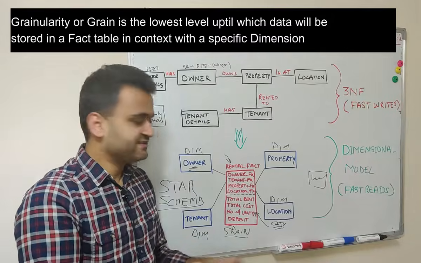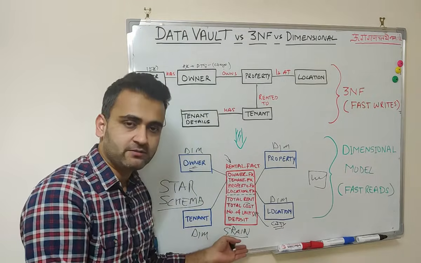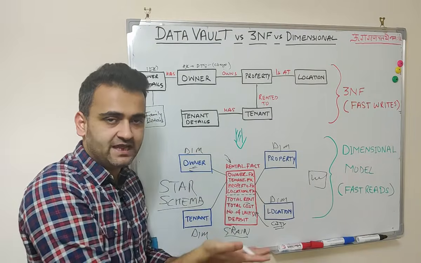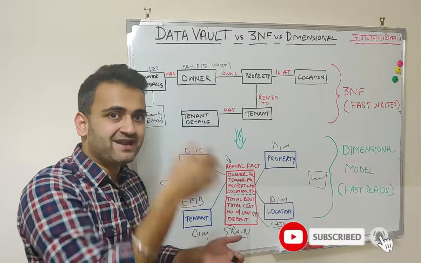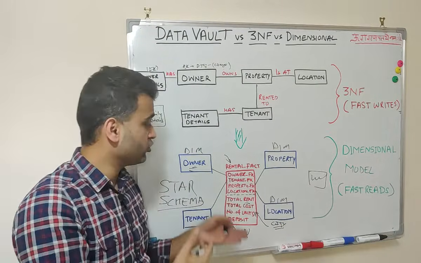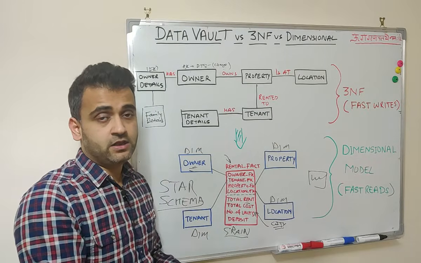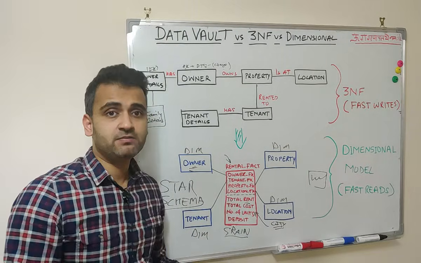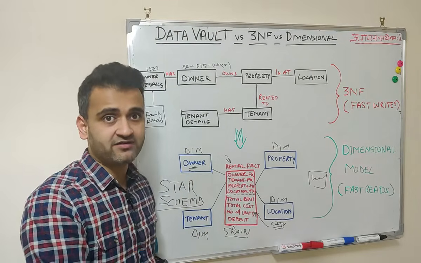If the grain of this fact table is at a city level, then I do not have data to drill down and understand your total rent or total cost or any other measure below the city hierarchy. A city will have multiple pin codes, so now you have to drill down and go to a lower grain.